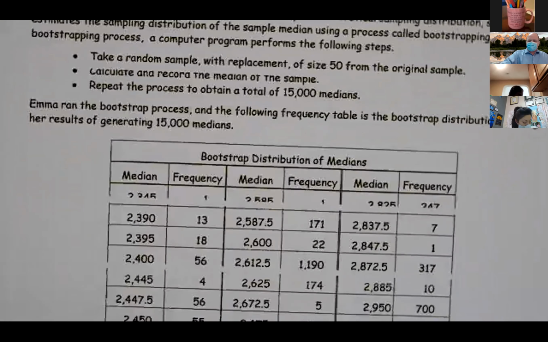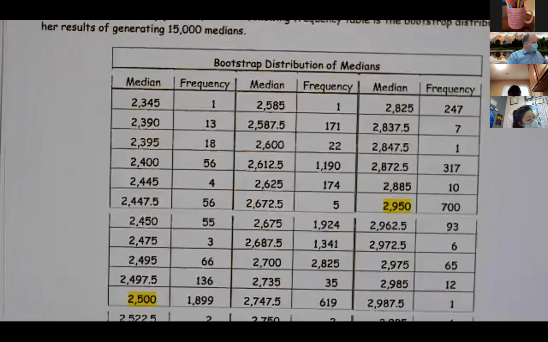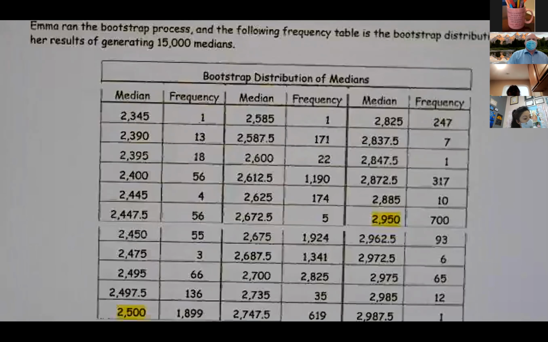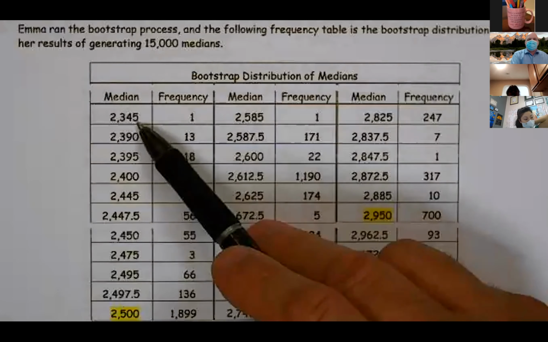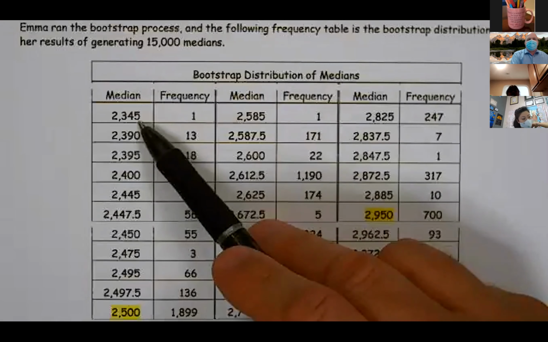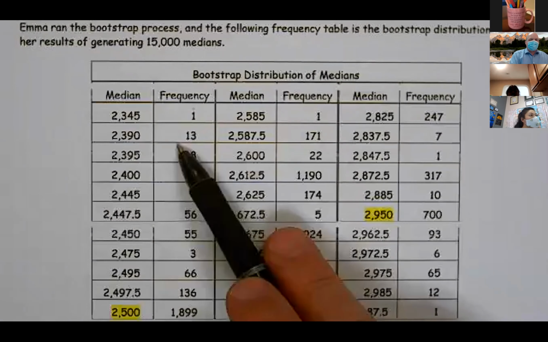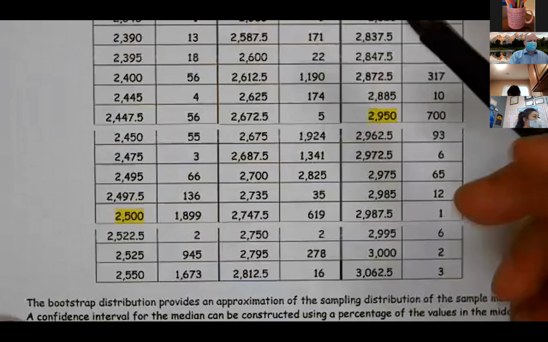So here we have this graph. Emma ran the bootstrapping process, and the following frequency table is what they came up with. Please remember, it's a frequency. They ended up with a median of 2,345 one time, 2,390 13 times, 2,500 1,899 times, and so on.